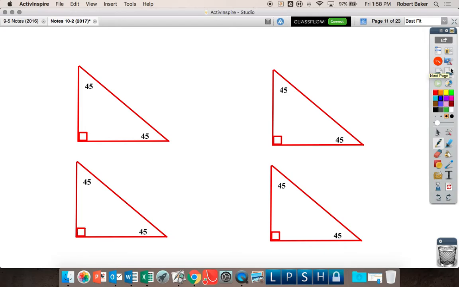Okay, 4 different scenarios. If I give you a leg, it can have a whole number, or a leg can have a radical. Okay, easy scenario, a little more complicated scenario. So remember the tricks.